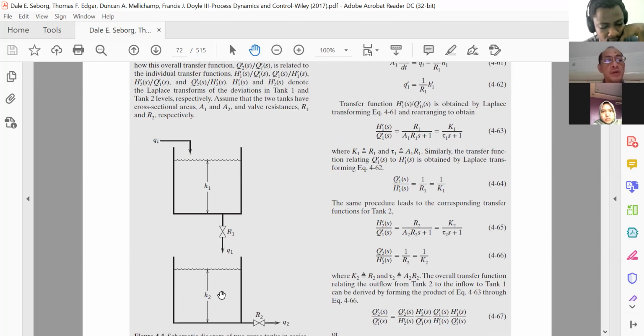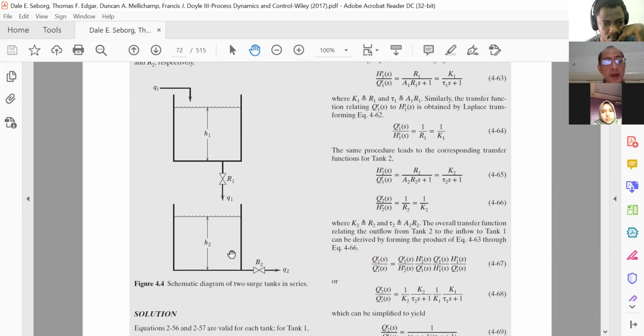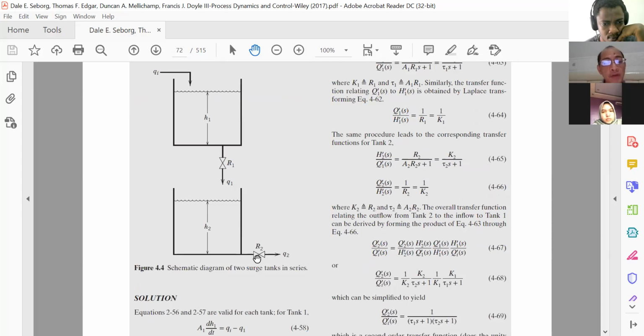We have the resistance R1, with the flow out from tank 1 being Q1, and here we have the resistance R2 with the effluent flow rate Q2.